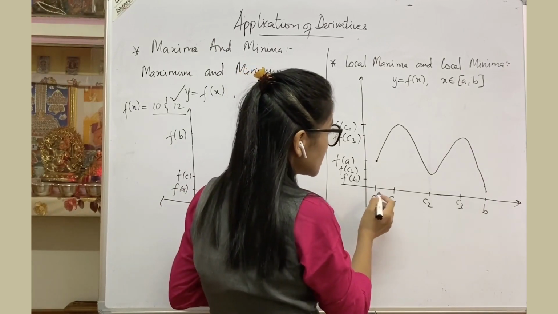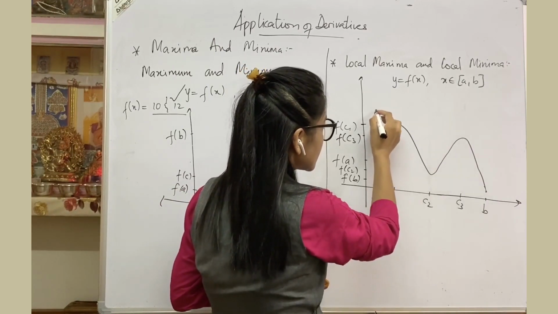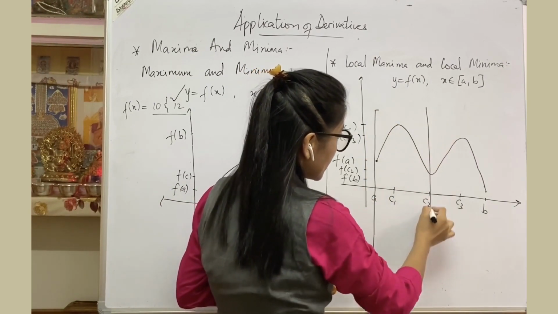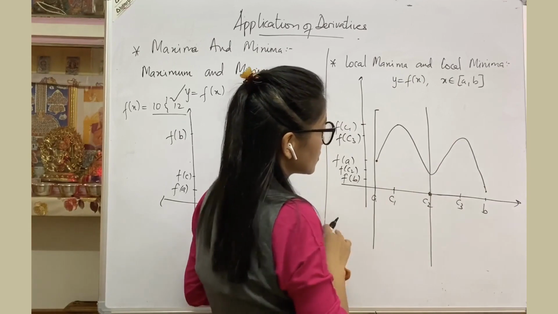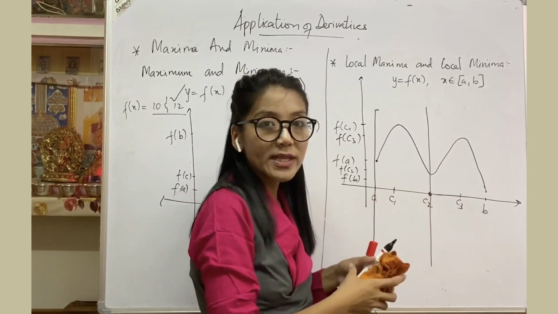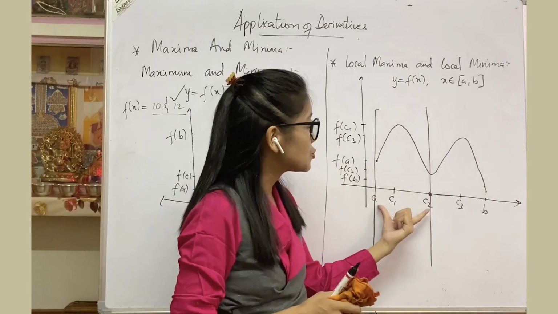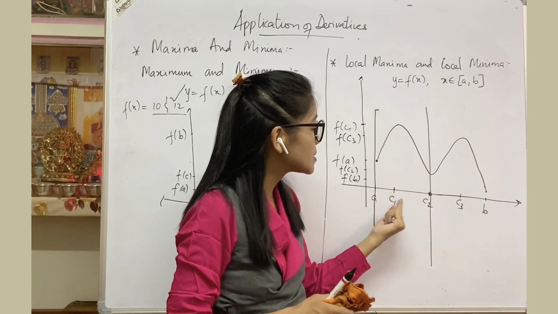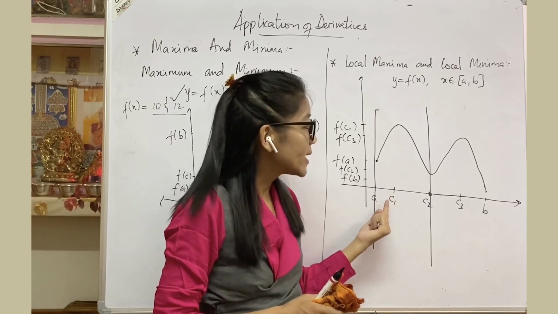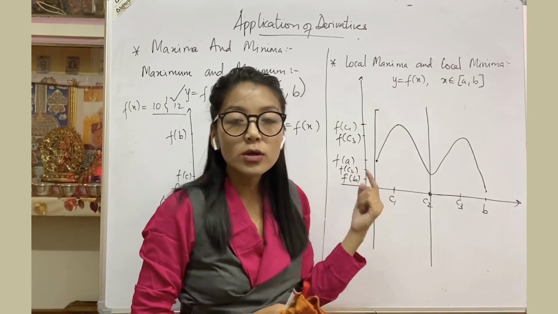So let me take this as one interval, right? Now if I look at the interval a to c2, within this interval a to c2, the function is attaining its maximum value at c1. So we say that c1 is the local maxima.